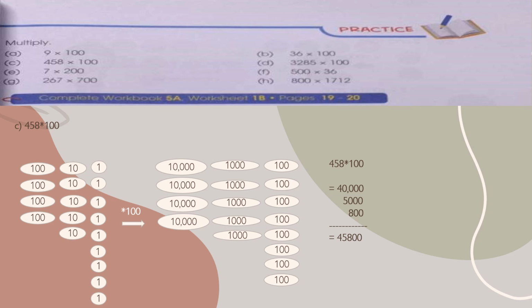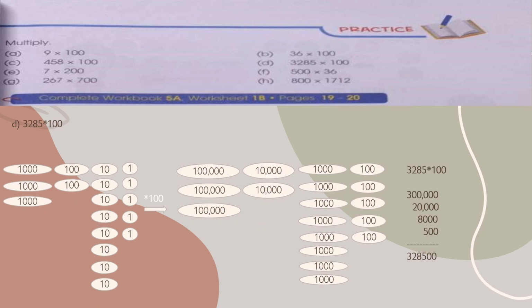So we have 4 10,000, which means 40,000, 5,000 and 800. If we add them up, we will have an answer which is 45,800.